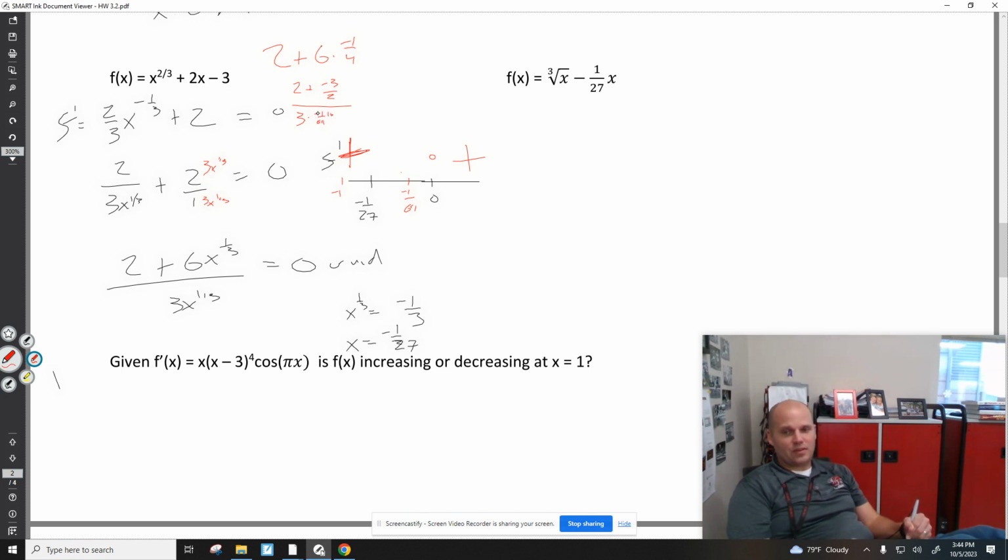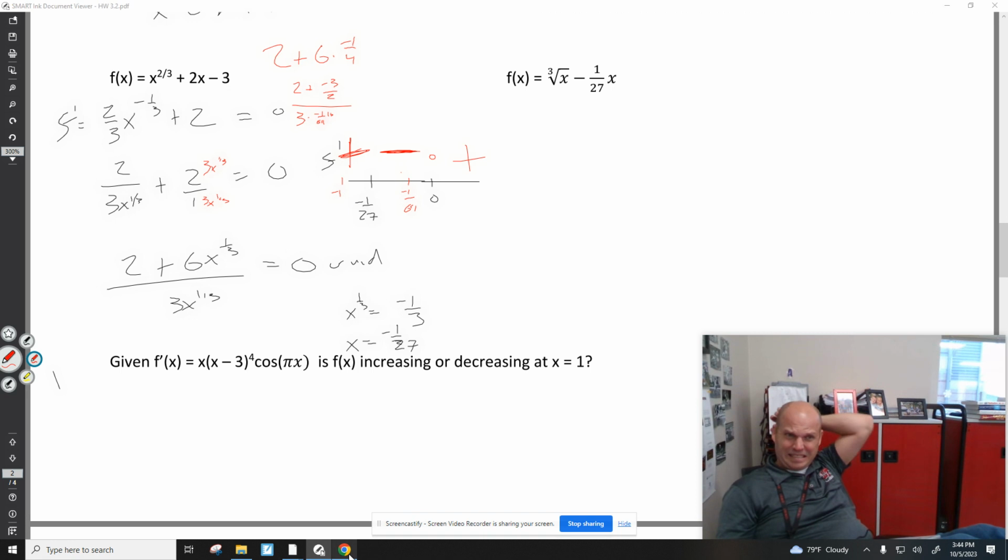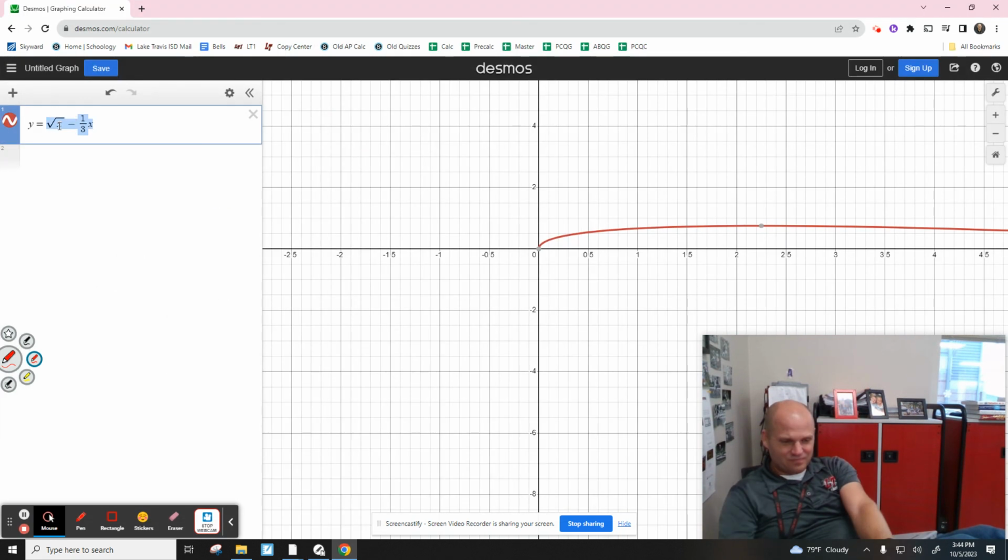That's going to be another negative 1/4 times 3. That's a negative. So I got a positive over a negative, which is negative. So negative 1/27th is a max and 0 is a min. I don't know. I got to move on, though.